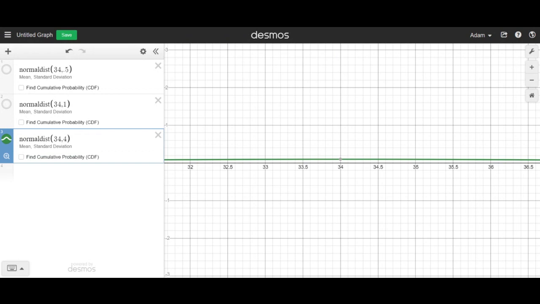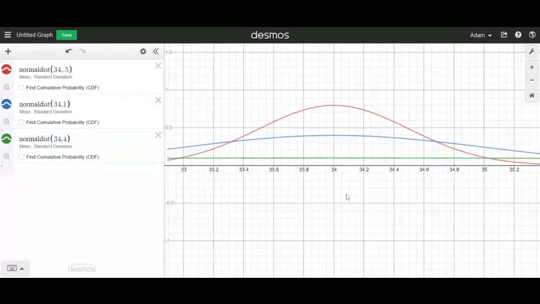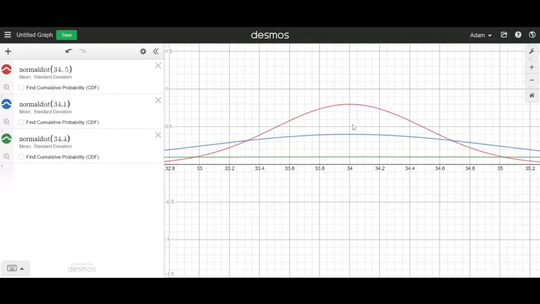In fact, we could graph all of these at the same time. What I do is this. I can click on this one, get the blue graph, this one the red. So not only, let me zoom in a bit. Not only can we graph these different examples, we also see what the standard deviation does, right?